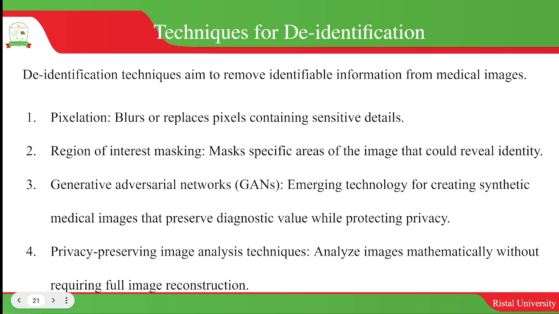Okay, so what do you do? We have what you call pixelization. With this, you blur the patient information. Blurring is basically saying that you make the information not appear.